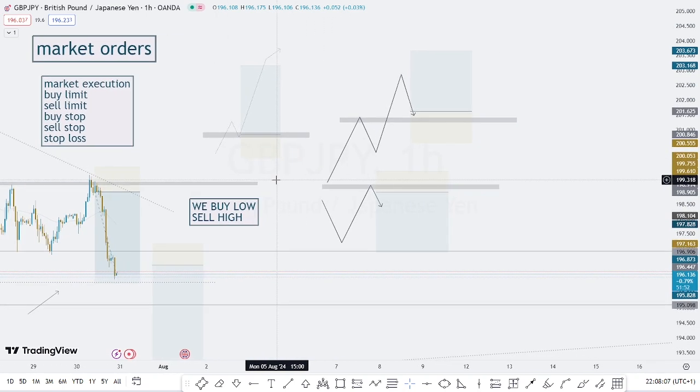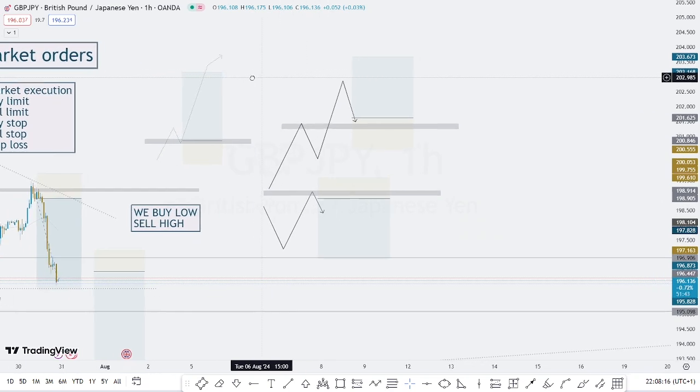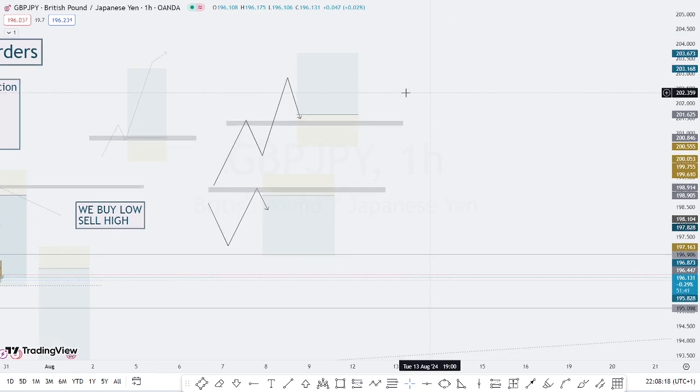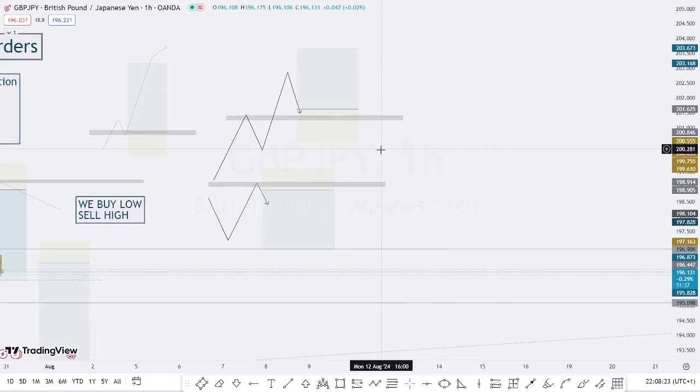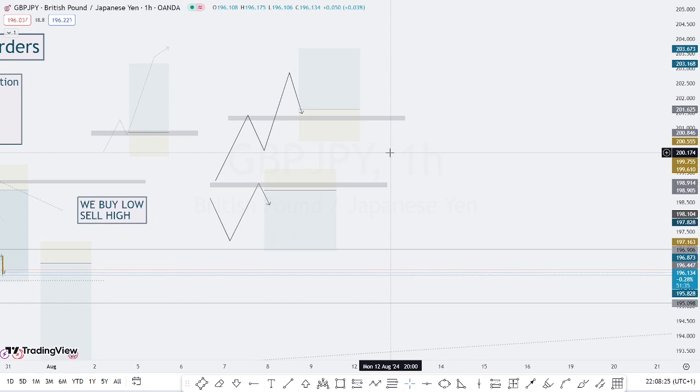So let's continue. The next one we have is buy stop and sell stop. Buy stop and sell stop is just like the inverse of this one. For example, you want to buy something now, and you know the price is low enough to buy, but you are afraid that if you buy from that zone, the market might drop again.